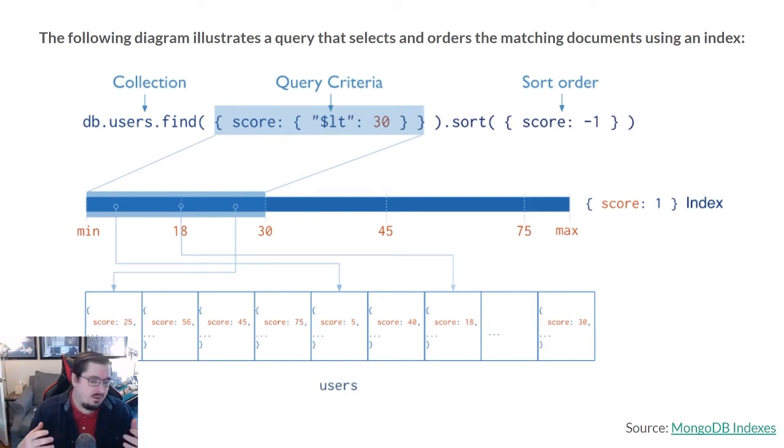So that's our index, that structure in between that optimizes things. Because the index is effectively sorted by the score, I go to the point in the index where 30 is, and then I just traverse all the way to the left. This is where the 30 mark is, and then I'll go visit all of the documents that are less than that.